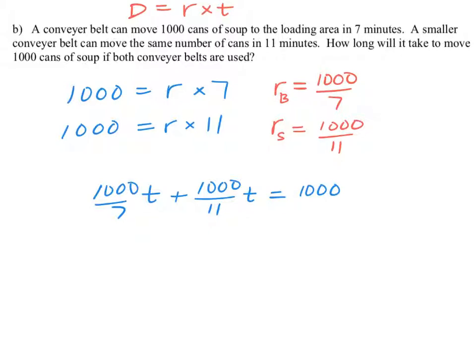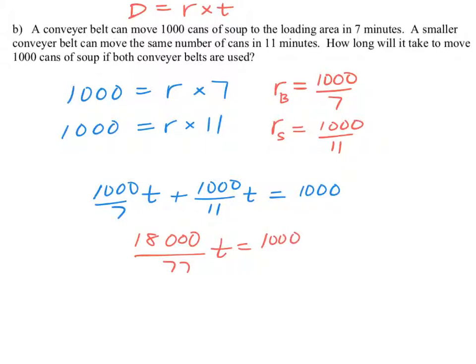By adding those two like terms together on the left side of the equation, we get 1,000 over 7t plus 1,000 over 11t. By adding those fractions together, we get 18,000 divided by 77t is equal to 1,000.